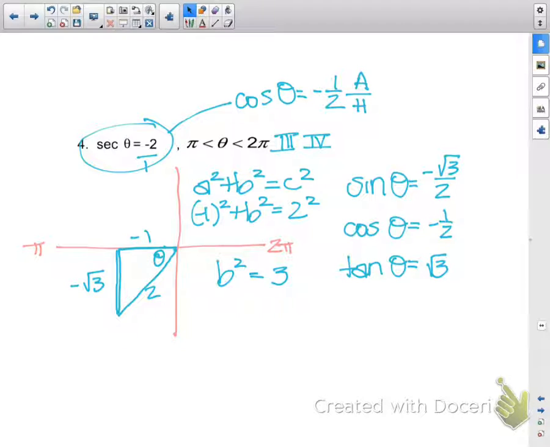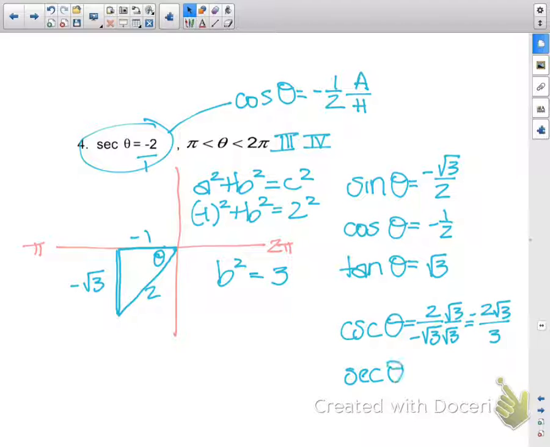The reciprocal of sine is cosecant. If I flip that upside down, it makes it 2 over negative root 3. I can't leave it that way, so I multiply by root 3 over root 3, and it's going to give me negative 2 root 3 over 3, right? The negative can go top or bottom. It doesn't really matter.